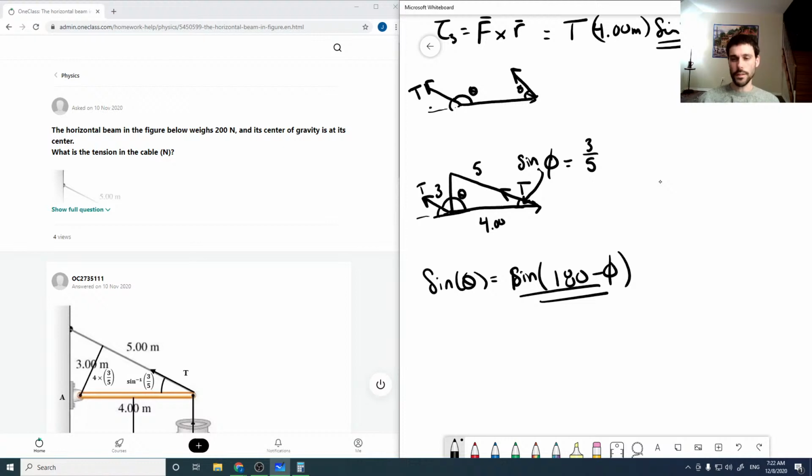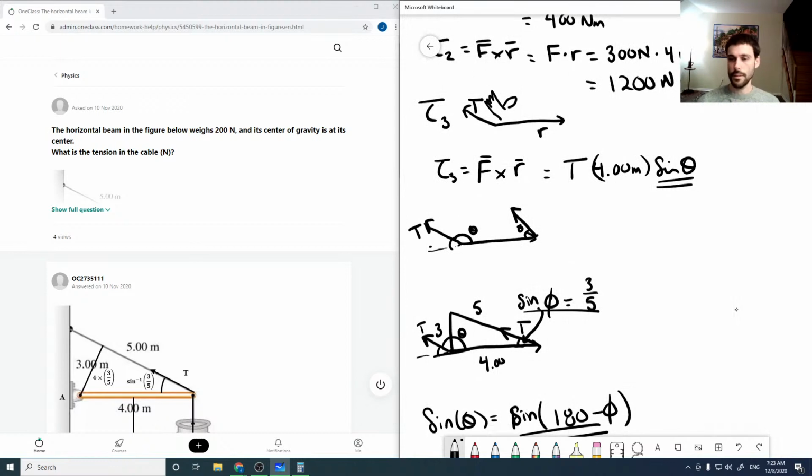But we can use our laws for sine here and say that sine of theta is just equal to sine of phi, because sine of 180 minus phi is just sine of phi. And so that equals 3/5. And that simplifies our torque 3 quite a lot, because that means that our torque 3 is just the tension times 4 meters times 3 over 5.